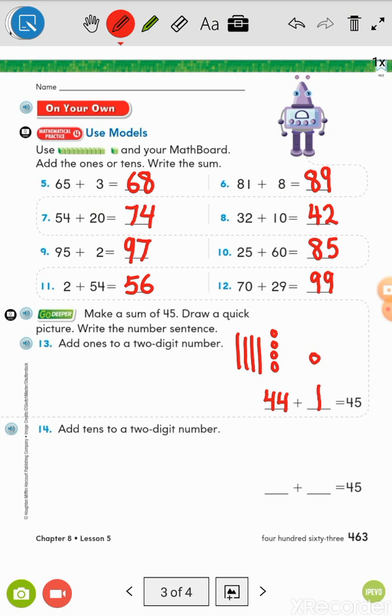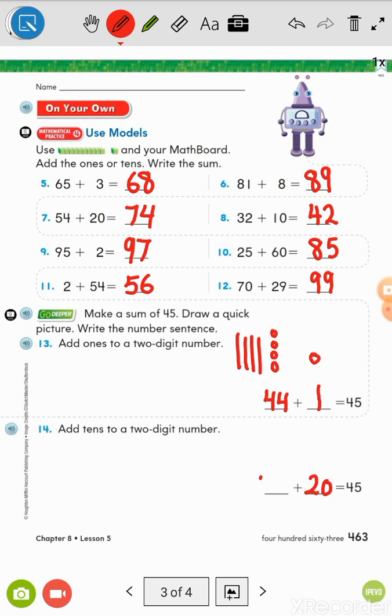Give me another possible answer if we add tens to a two-digit number. And when I say tens, it means 10, 20, 30, 40, and so on. So let's do an example where I add 20. What plus 20 will give me 45?